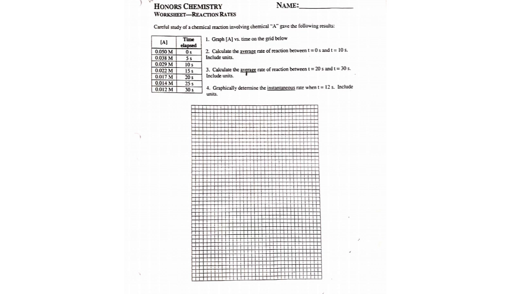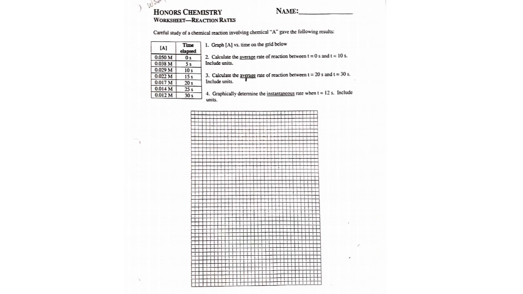So what we want to do to start off with, what I suggest that you do is you properly label your axes. So when it says graph the concentration of A versus time, remember that is Y versus X. It's always how it's written.